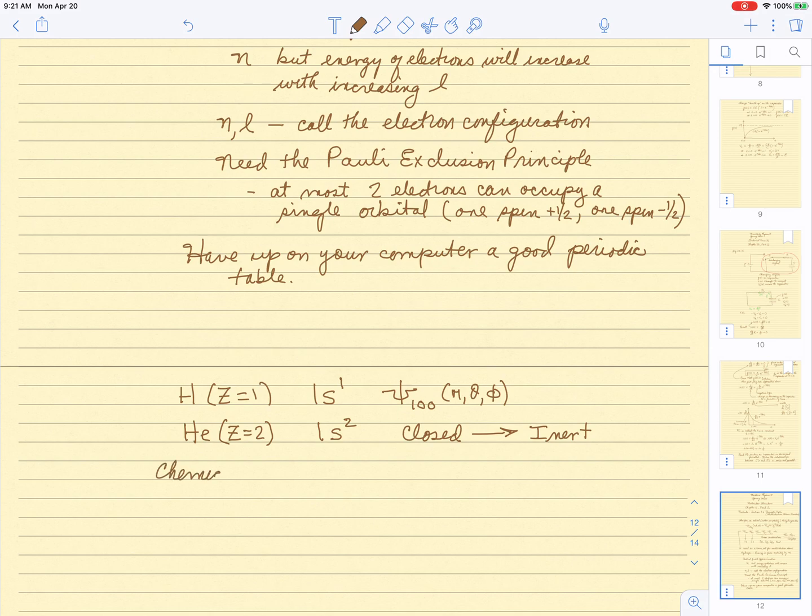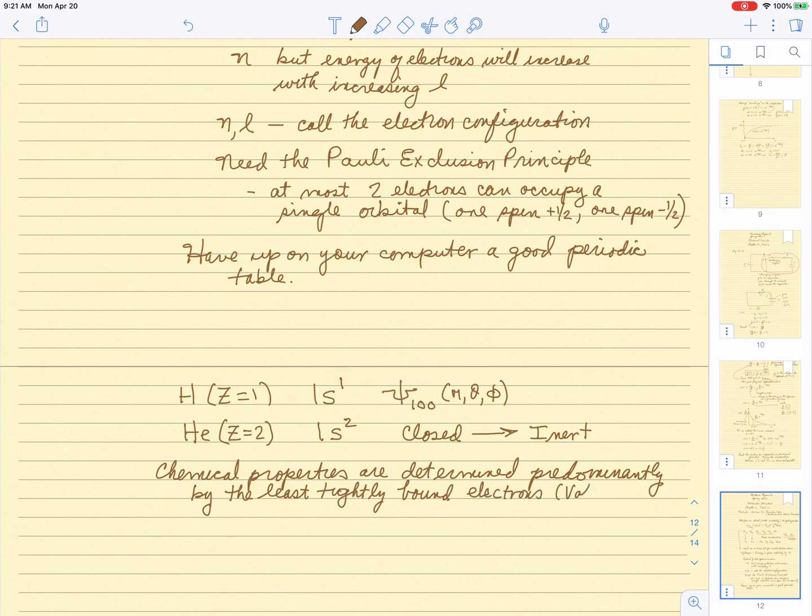So chemical properties are determined predominantly by the least tightly bound electrons.